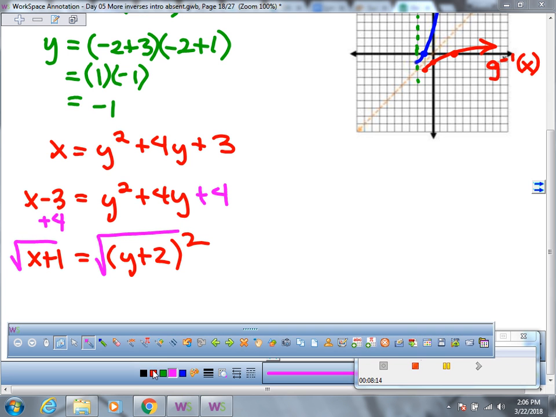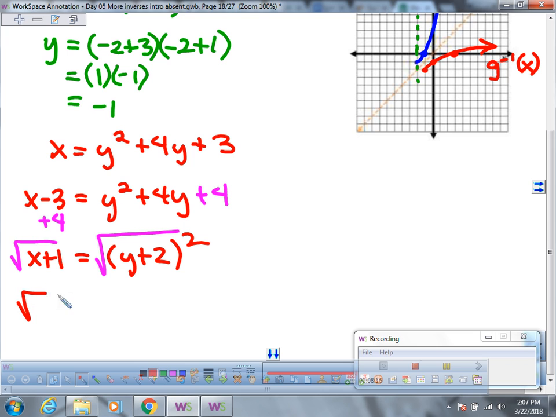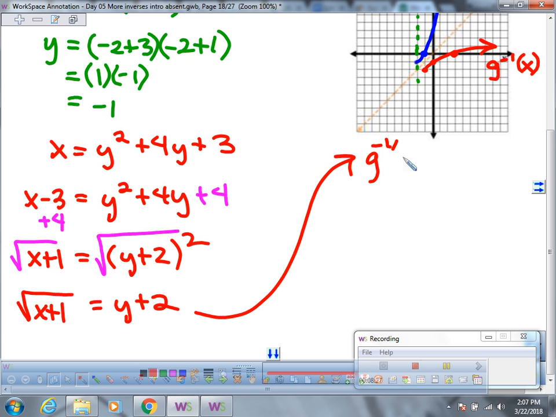And now I have the square root of x plus 1 equals y plus 2. So my inverse function is square root of x plus 1 and subtract 2, which is over to the left 1 and down 2, so it matches.